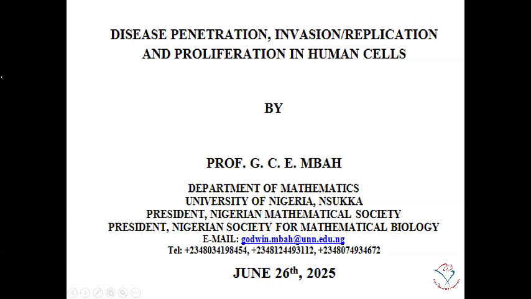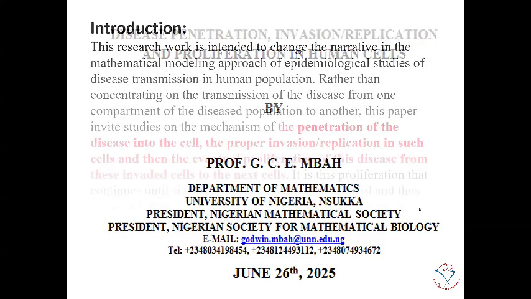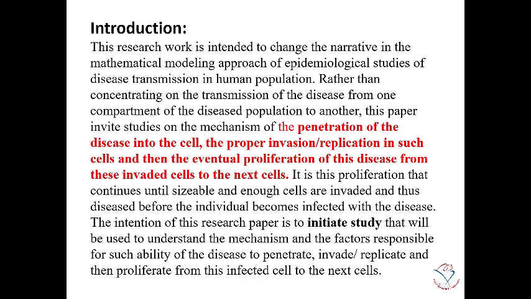So if we look at it, our introduction is talking about how we are trying to bring a narrative into our mathematical modeling approach of epidemiological studies, looking at the human population. Rather than concentrating on controlling the disease within the population, why not also talk about controlling the disease before it penetrates into the cell?